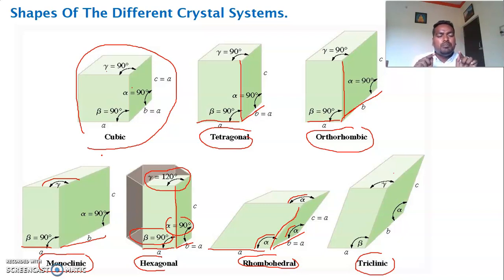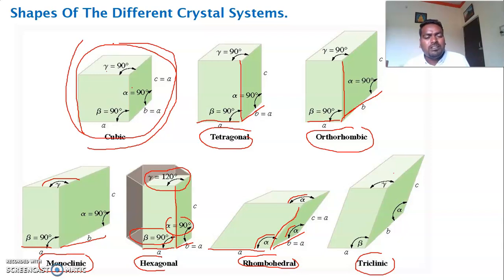It is based on the position of atoms located in the same crystal. In the same cubic, there are 3 cubes: simple cubic, body centered cubic, face centered cubic. Like that, there are 14 unit cells possible. So these 14 unit cells of 7 crystal systems are called Bravais lattices.